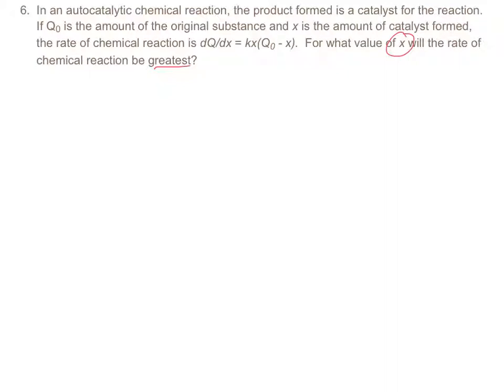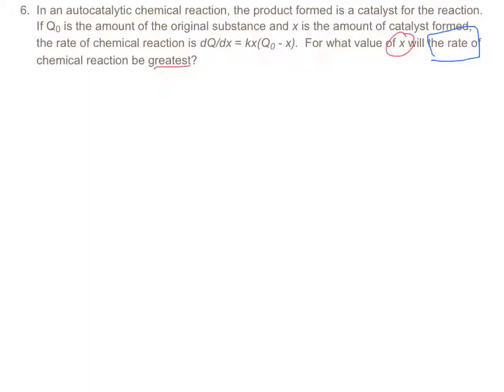The trick to this one that you have to be careful about is that it says for what value will the rate of chemical reaction be greatest? So you need to ask yourself, am I maximizing the equation given, or am I maximizing the derivative of the equation given?